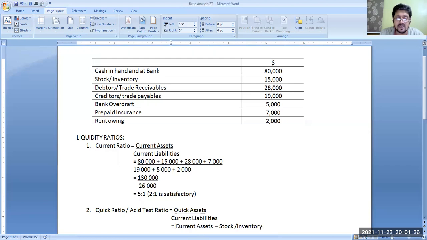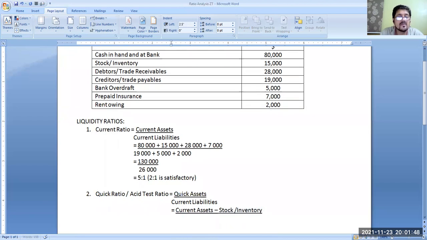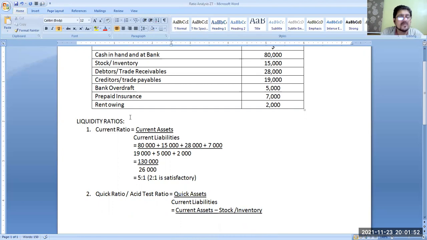This is called quick assets. Getting my point clear? Now divided by current liabilities.